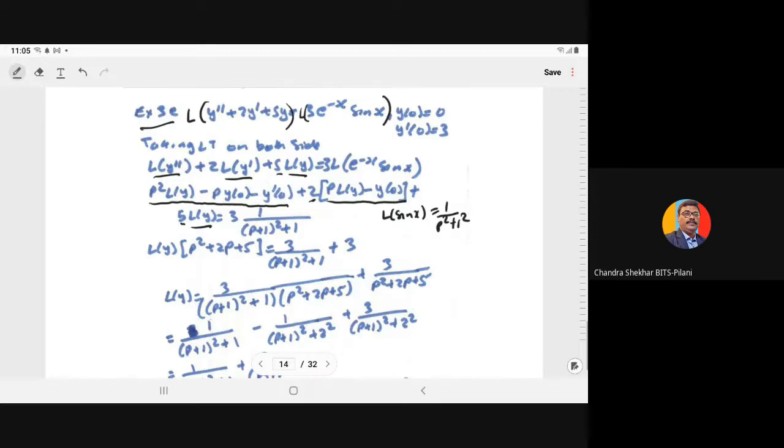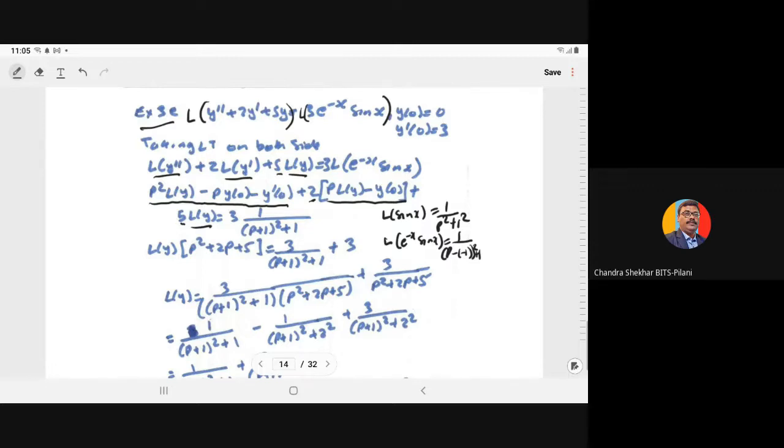So the Laplace transform of sin x is 1 upon p square plus 1 square. And by the first shifting theorem, for the Laplace transform of e to the power minus x sin x, we replace p by p minus a, so that will give you 3 upon p plus 1 whole square plus 1.